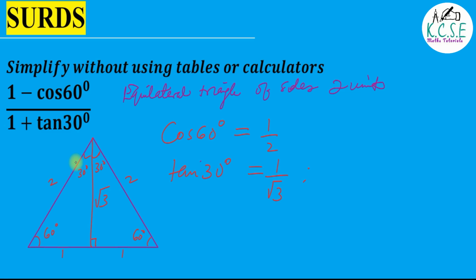You can simplify this by multiplying both the numerator and the denominator by root 3. We get 1 times root 3 divided by root 3 times root 3, and this gives root 3 over 3. So we have cosine of 60 as a half, and we have tan of 30 as root 3 over 3.